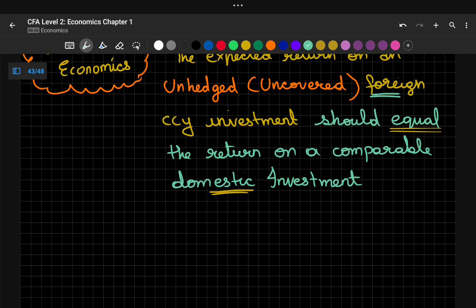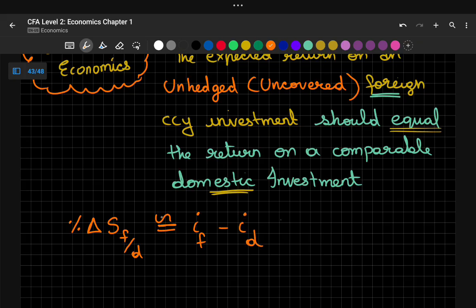Now the equation for uncovered interest rate parity condition would be: the change in spot rate should be approximately equal to the interest rate differential between the foreign currency and domestic currency.